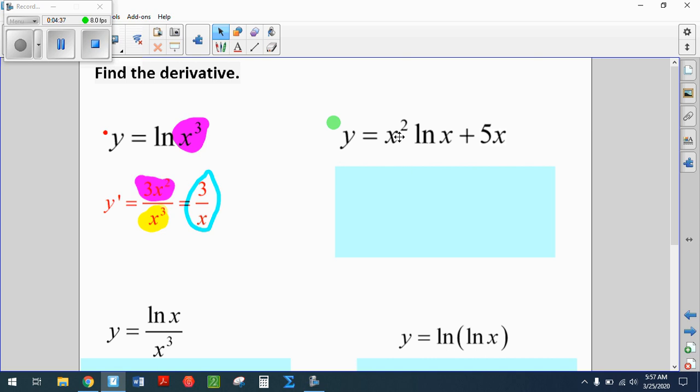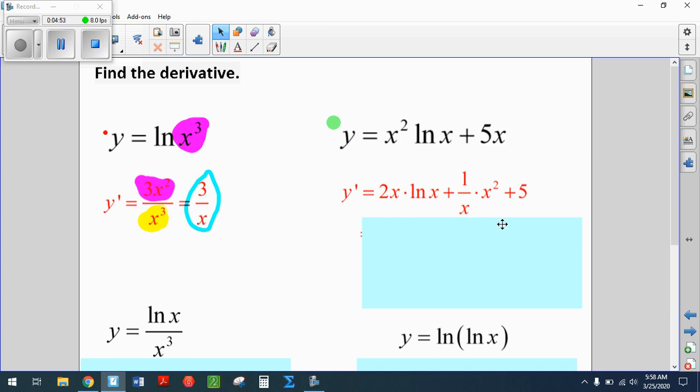So if I take the derivative of x squared, I get 2x. So the derivative of the first is 2x times the second, natural log x, plus the derivative of the second, natural log x, is 1 over x times the first, x squared, plus the derivative of 5x, so plus 5. Then we just clean that up.